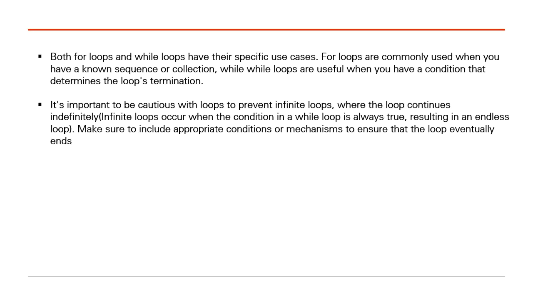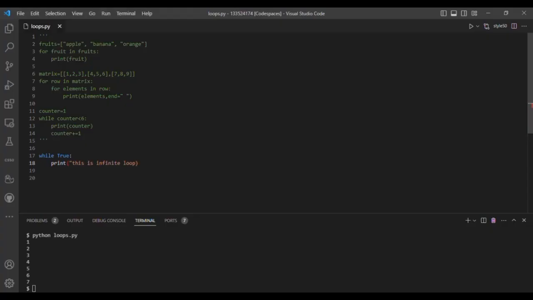Here is one more thing about loops: to prevent infinite loops, where the condition is continuously true, you should mention an appropriate condition or mechanism to ensure that the loop eventually ends. Otherwise, it will keep printing the value infinitely many times. So here I wrote the code for while True, and it will print infinitely many times.